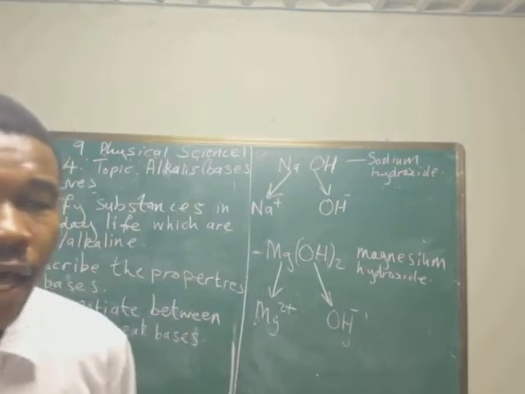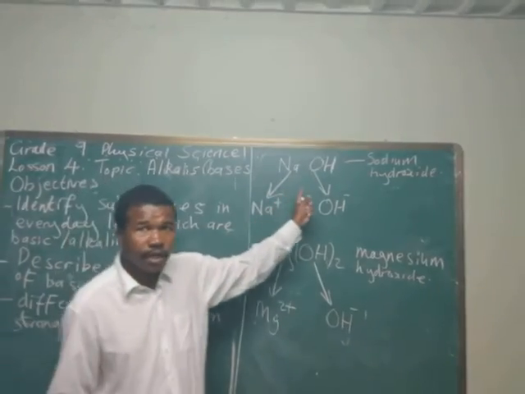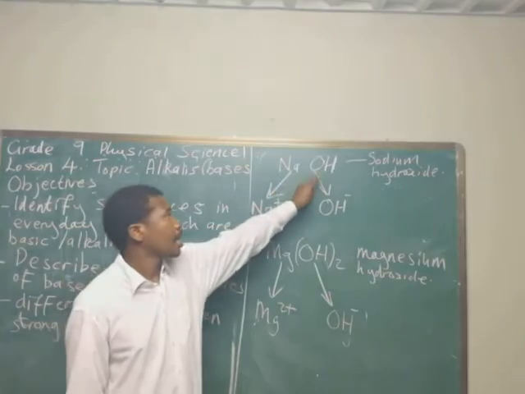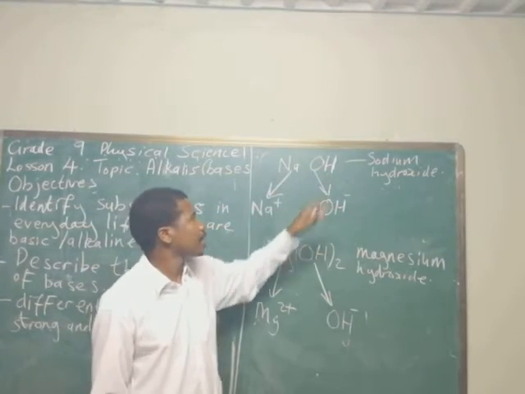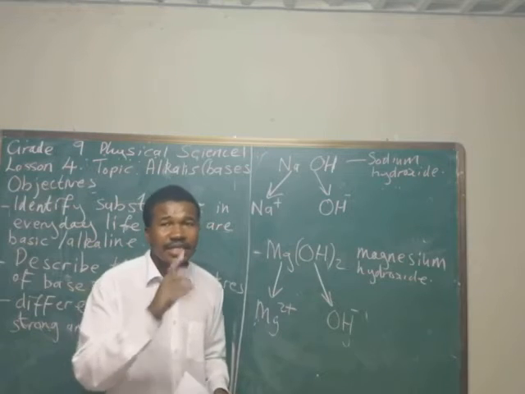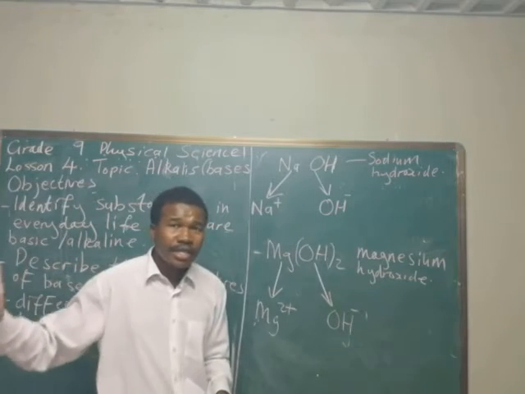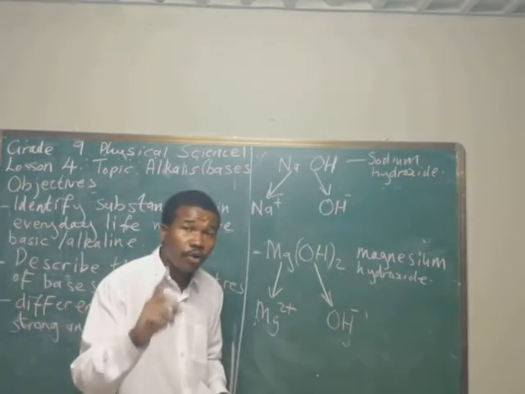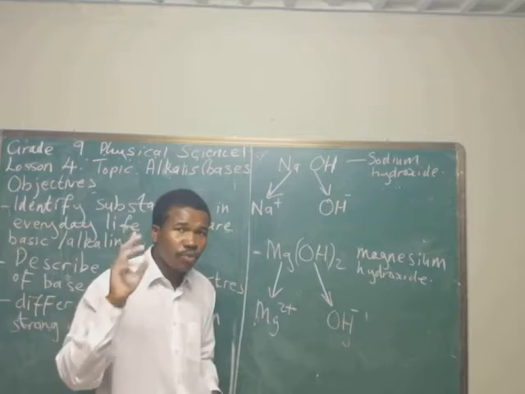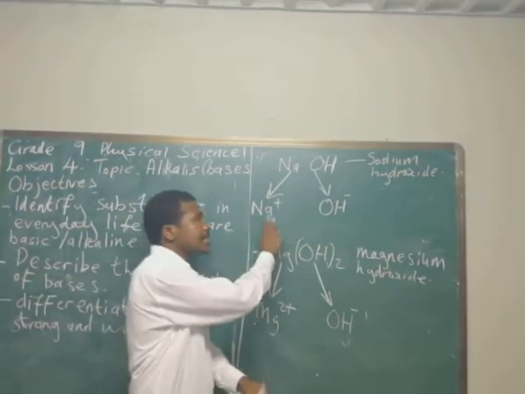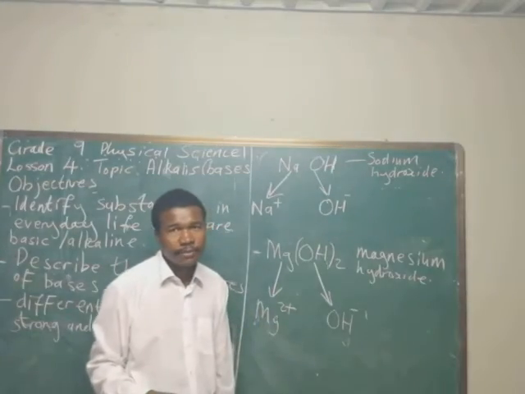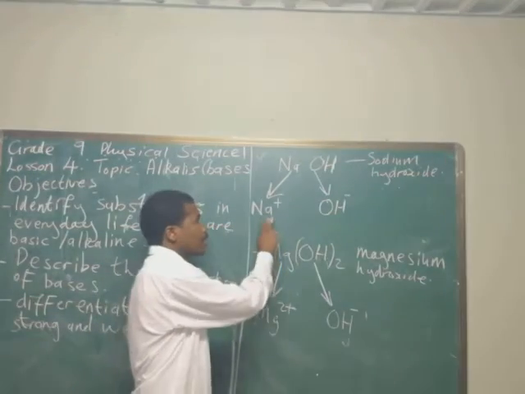So when we have the sodium that we're having here, this is sodium, Na, hydroxide, the OH part. So when they break down, remember sodium is the same sodium that we dealt with throughout, the same sodium that you find in group 1 of your periodic table, right? So its cation surely must be Na+.